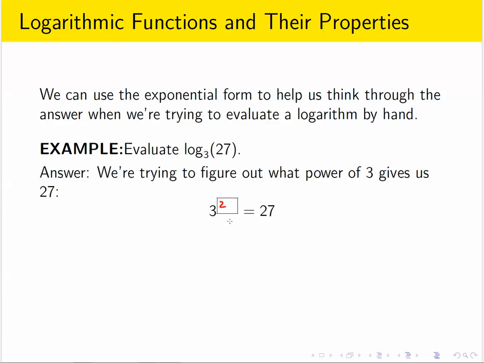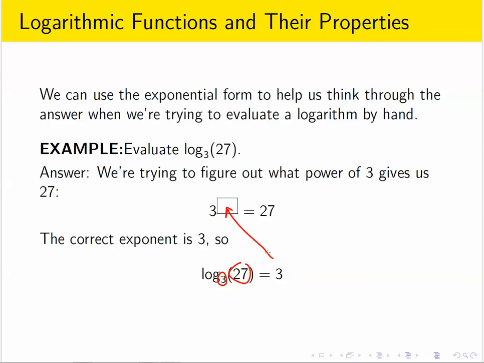Maybe you could try a 2, but that doesn't work. 3 squared doesn't give you 27, it gives you 9. 3 to the 3 works. 3 cubed is 27. So the correct exponent of 3 is 3. So the right thing to go in this box is 3.